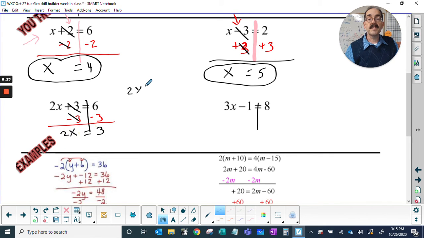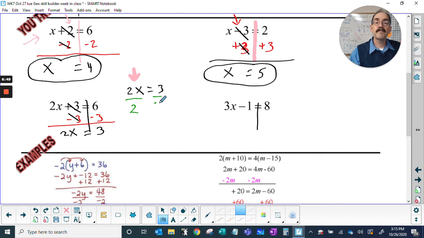What's the opposite of multiply? That's a multiplication. How do we undo a multiplication? Divide. Think of your PEMDAS. 2 divided by 2 is 1, leaving us with x equals, yes, a fraction.